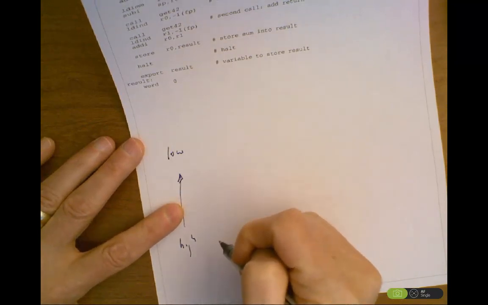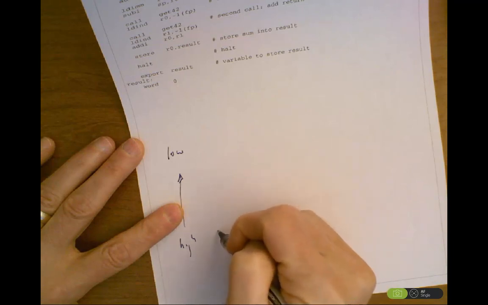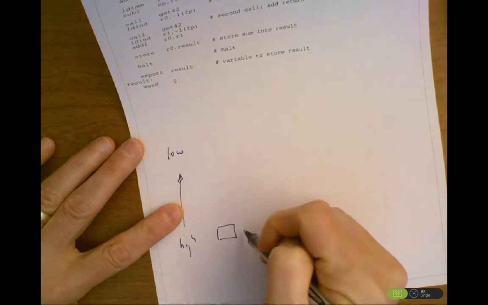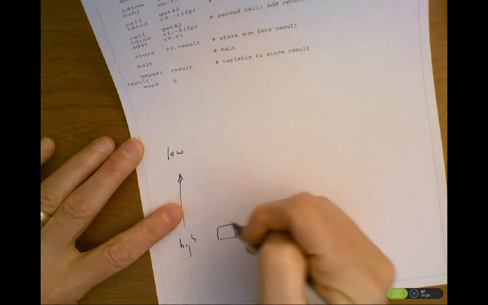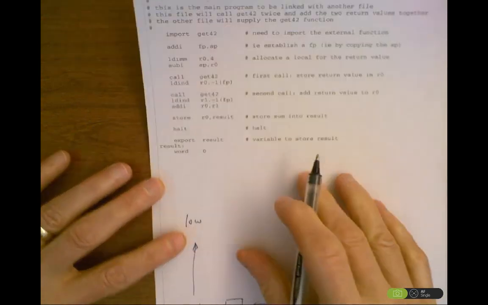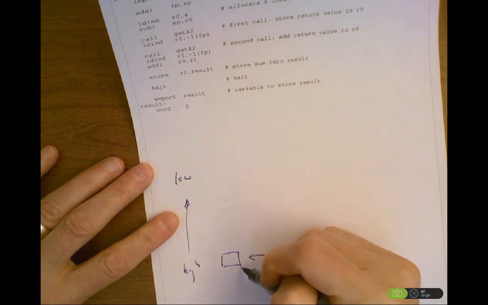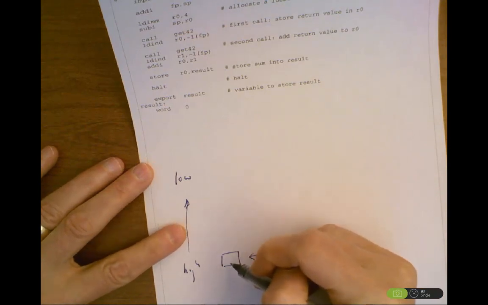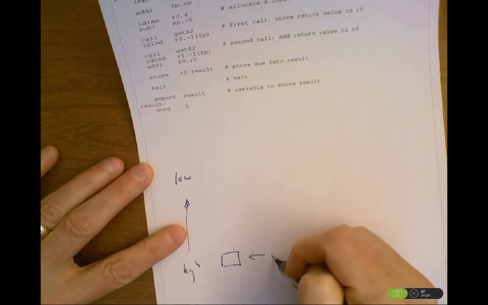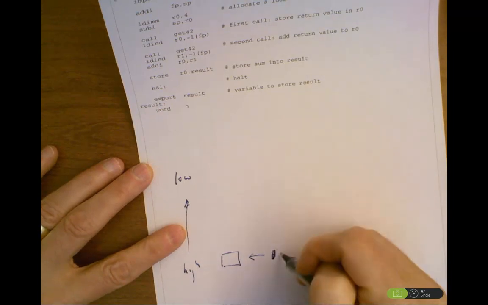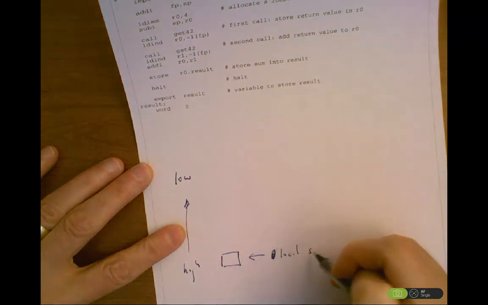So what we're doing is we are allocating a local slot here by adjusting the frame pointer. I'm subtracting from the frame pointer because the frame pointer used to point here. I subtract 4 from it and bring it down here. I'm allocating a local slot. So this is a local slot.